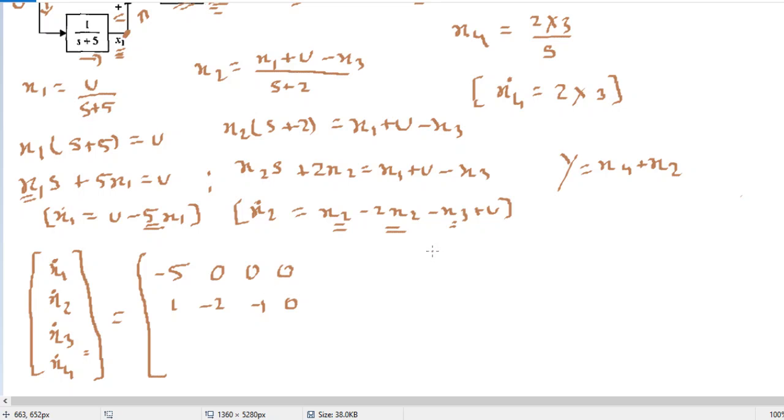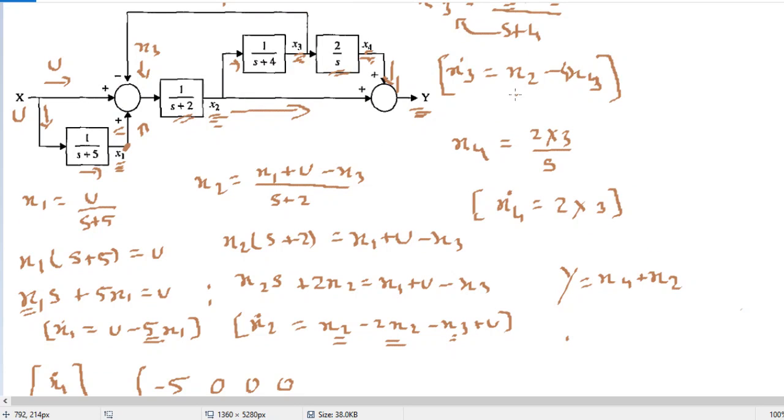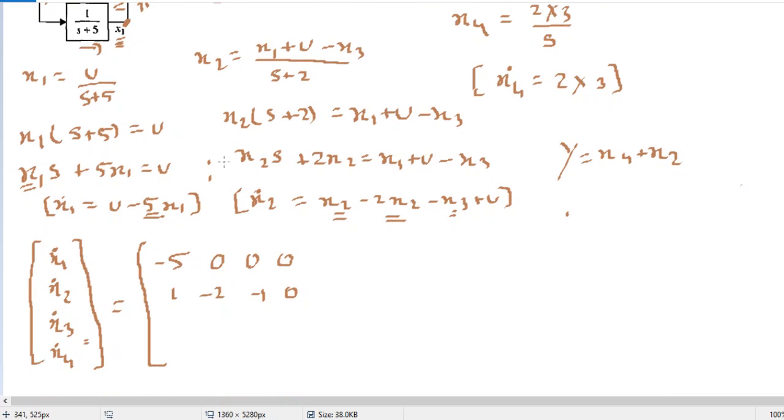As we have already checked, x3 is x2 minus 4x3. So x2 has a sign of plus 1, so it comes here, and x3 has a sign of minus 4, comes here, and we don't have x4, so it's 0.